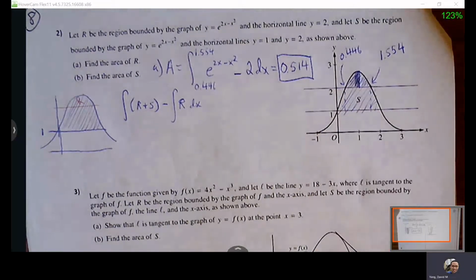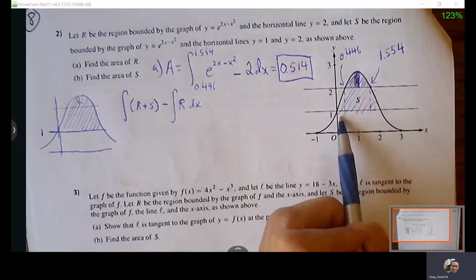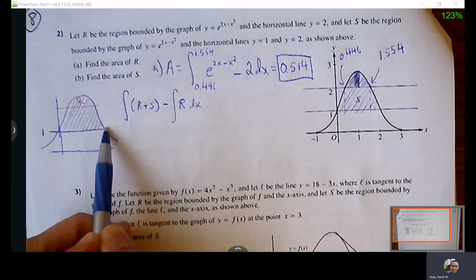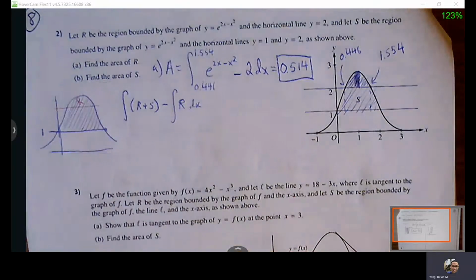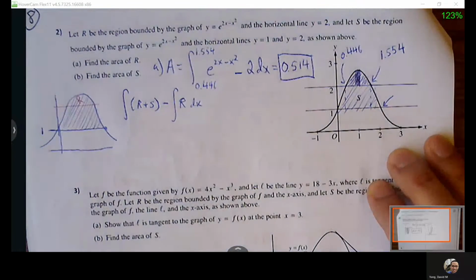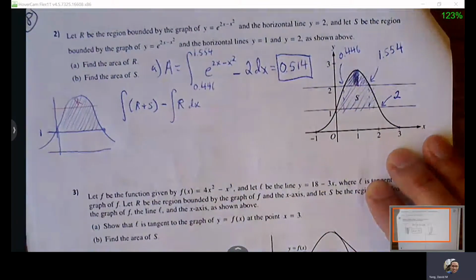So to find that full region, we do need to basically ignore that 2 for now, and just find that intersection between the curve and y equals 1. It does land at a nice number, though, right at 2.